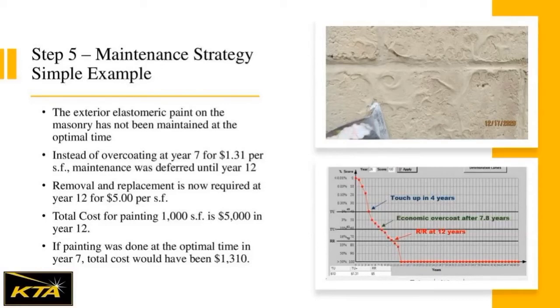So instead of overcoating at year 7, like we see in the deterioration curve, for $1.31 a square foot, maintenance is deferred until year 12, and now removal and replacement is $5 a square foot. It's going to cost us $5,000. If painting was done at the optimal time, we would have spent $1,310.